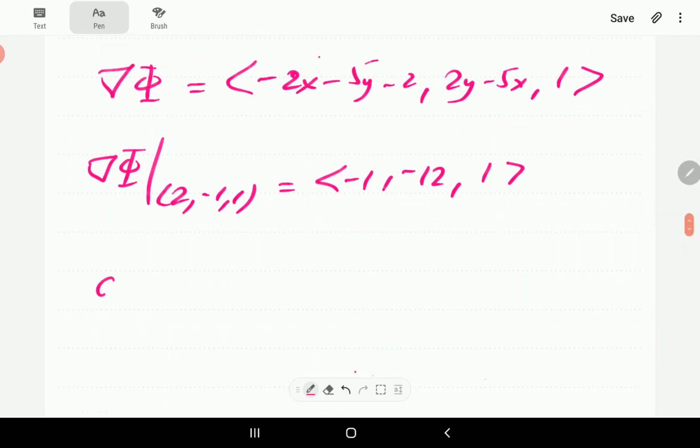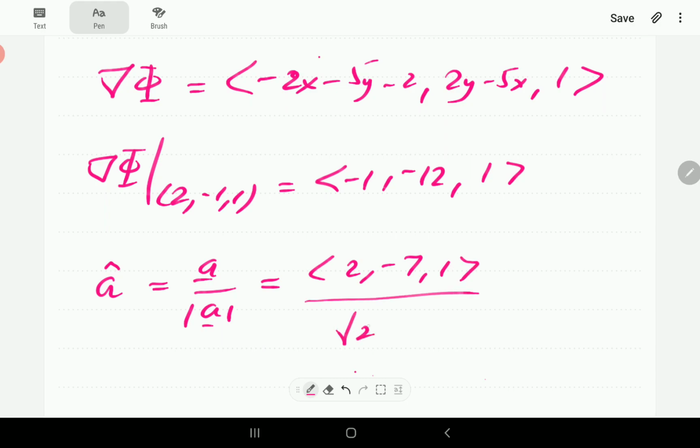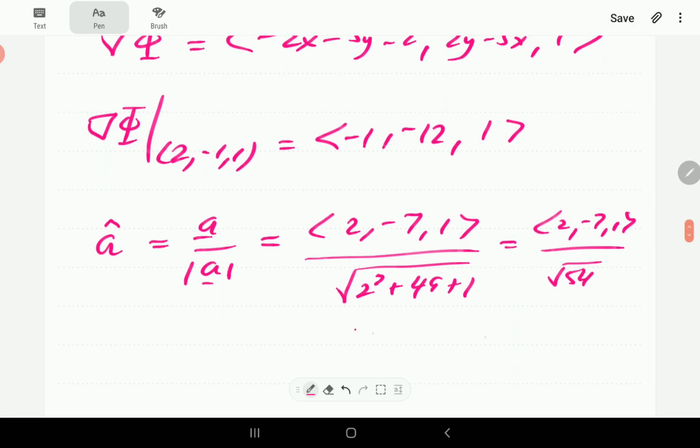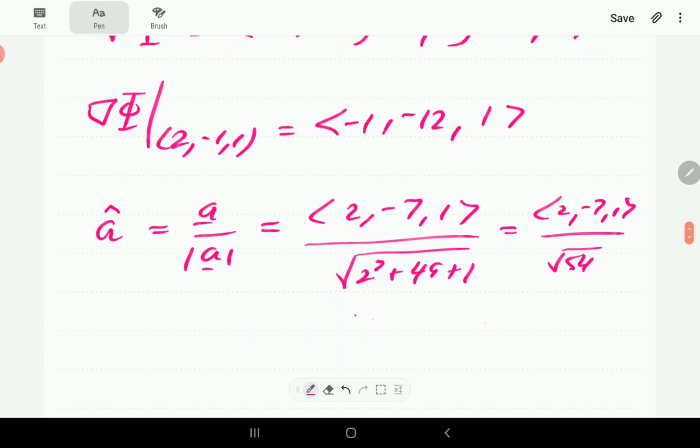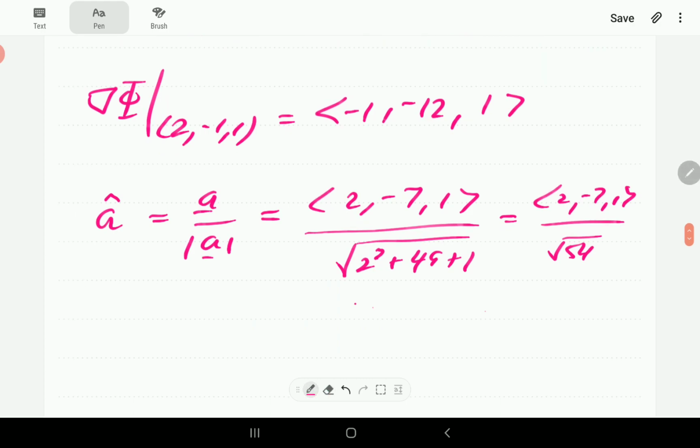So the unit vector is going to be the vector A divided by the magnitude of the vector A. So this is going to be divided by the square root of 2 squared plus 7 squared. So that's going to be square root 54. So that's going to be the unit vector along the direction of this given vector A.